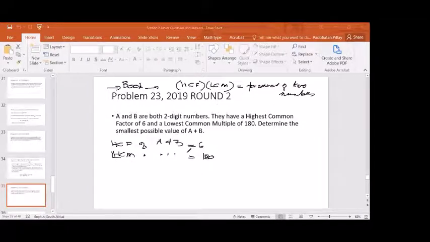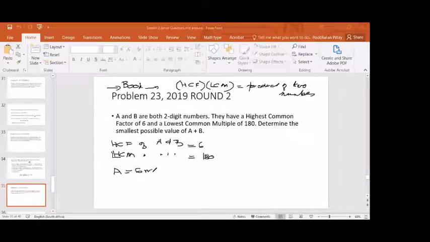Okay, now let's get back to this. If the HCF of A and B is 6, it's the highest common factor of A and B. So 6 is a factor of A. I'm going to say it again: 6 is a factor of A because it's not just a factor, but the highest common factor. But it's a factor, which means A is 6 times something.